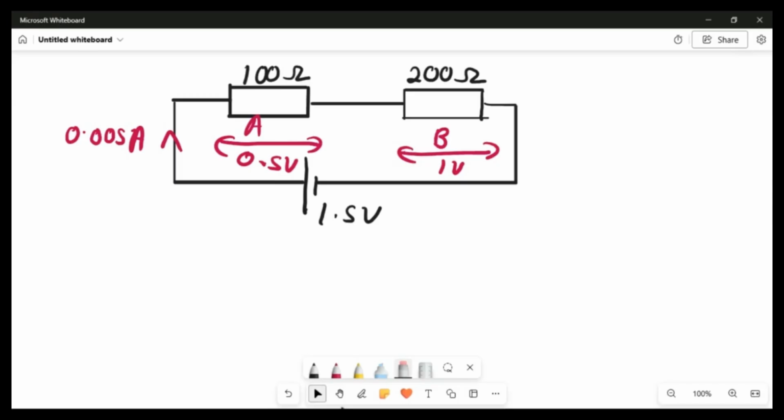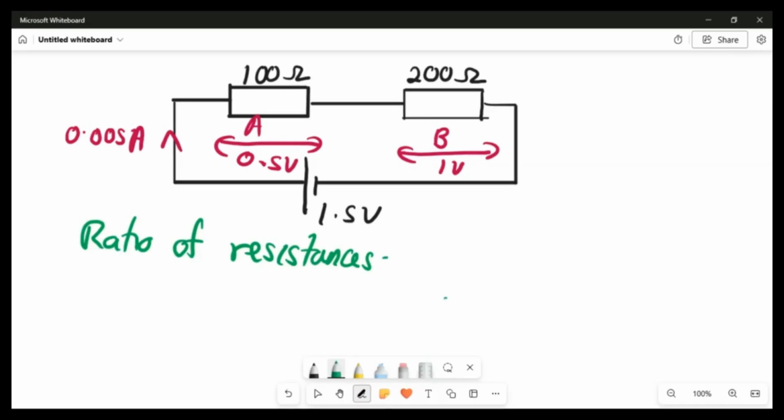Compare the ratios between the resistances and the ratios between voltages. First I'll take the ratio of resistances here. The resistors used in this circuit are 100 ohm and 200 ohm. So the ratio between resistances is 100 to 200, or the smallest ratio is 1 to 2. Then we shall consider the ratio of voltages.